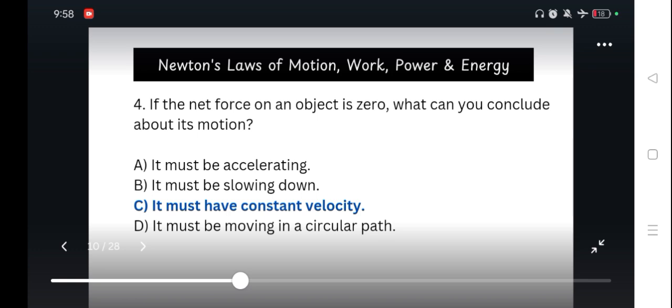That's why our answer is C. It can never be A because when the object is accelerating, that means the net force is not zero. Likewise, when it's slowing down or when it decelerates, the object's net force is non-zero. So C is the right answer.